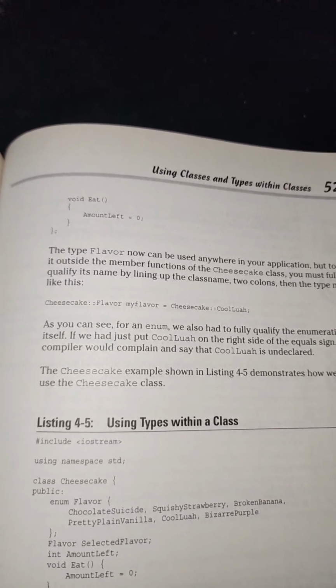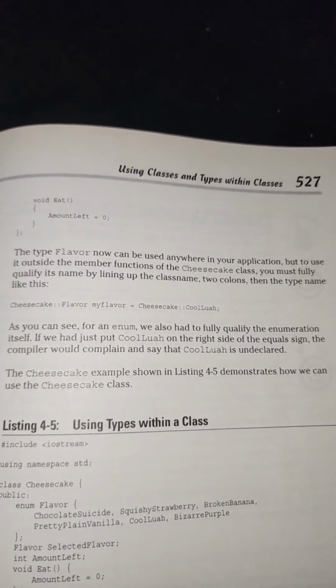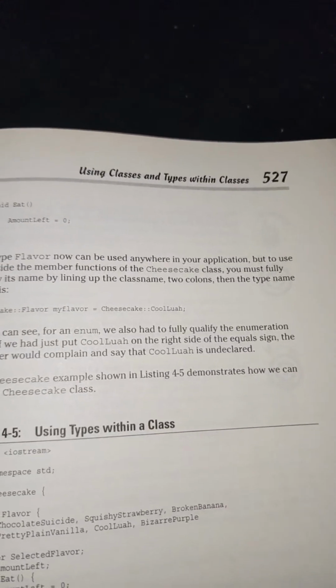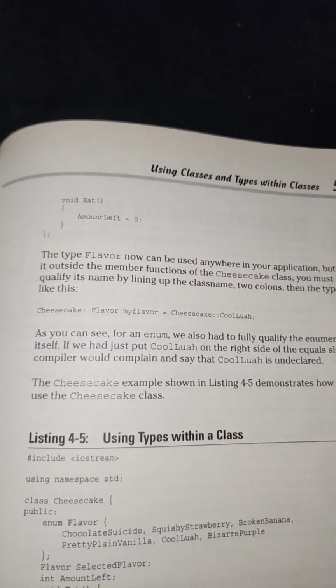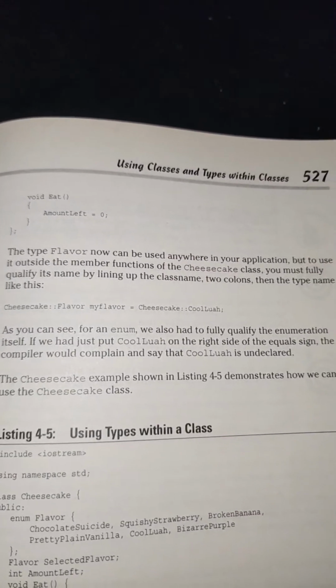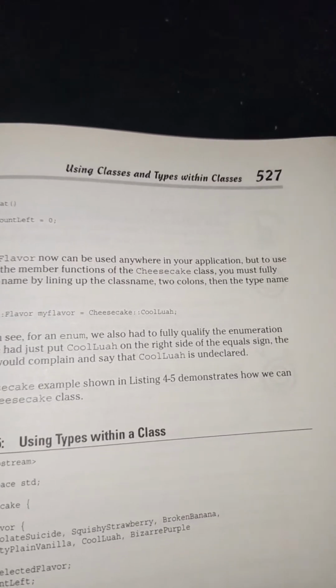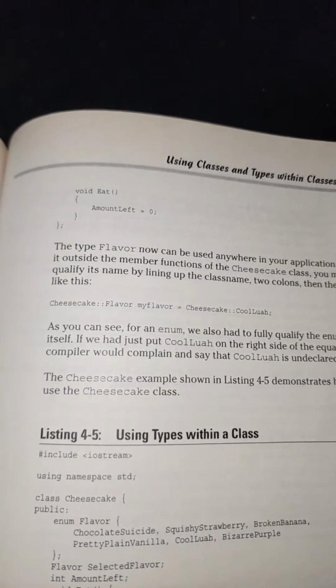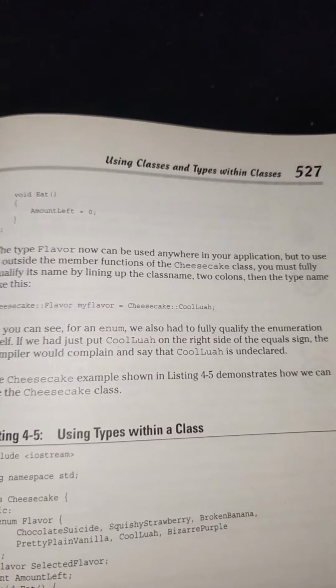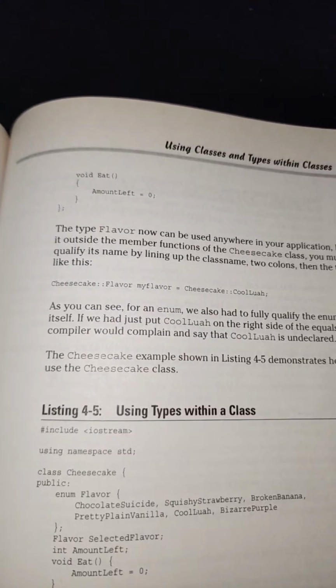As you can see, for an enum, we also had to fully qualify the enumeration itself. If we had just put CoolLua on the right side of the equal sign, the compiler would complain and say that CoolLua is undeclared.